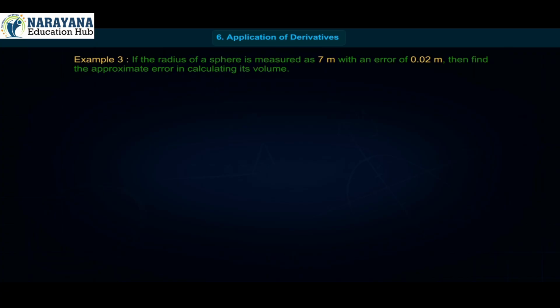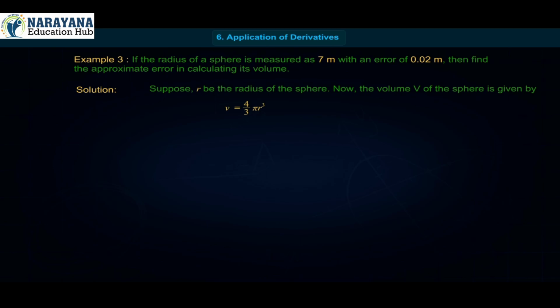Example 3. If the radius of a sphere is measured as 7 meter with an error of 0.02 meter, then find the approximate error in calculating its volume. Solution. Suppose r be the radius of the sphere. Now, the volume V of the sphere is given by V is equal to 4/3 pi r cube. Therefore, dV/dr is equal to d/dr of 4/3 pi r cube, which is 4 pi r square. There is an error of 0.02 meter in the measure of radius.